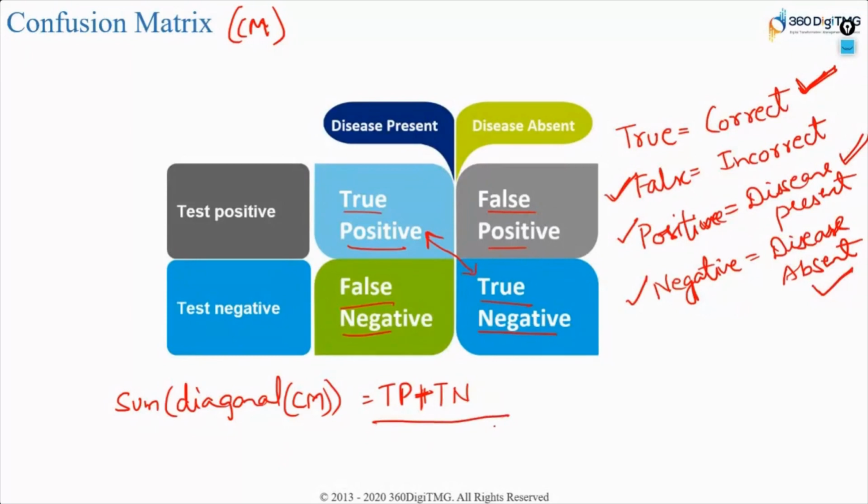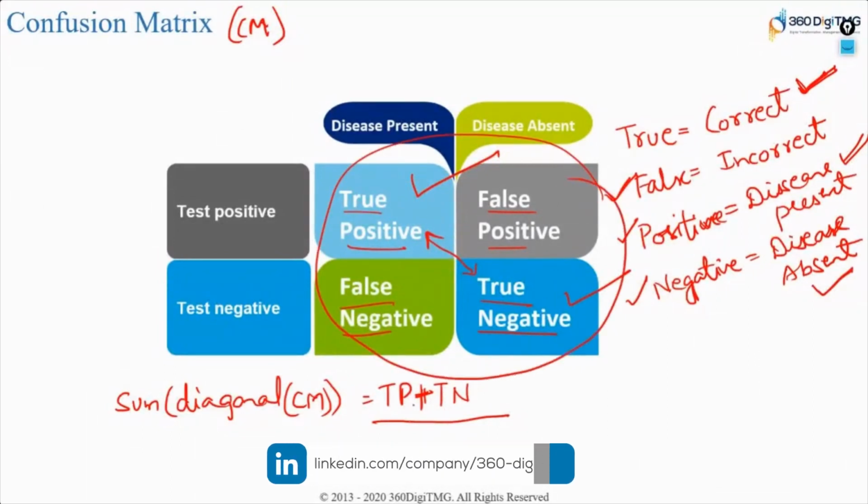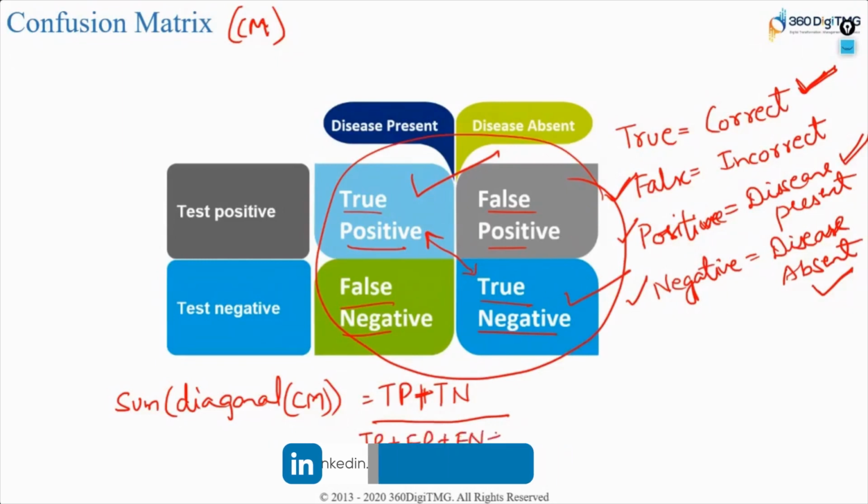So if I were to calculate the accuracy, I need to look at this. True positive plus true negative, that's how many times you have correctly predicted out of overall predictions. Overall predictions means true positive plus false positive plus false negative plus true negative.